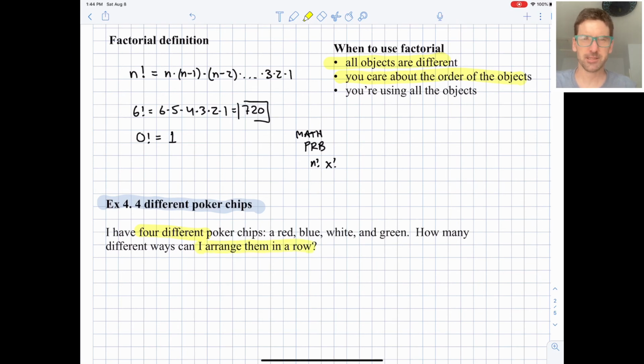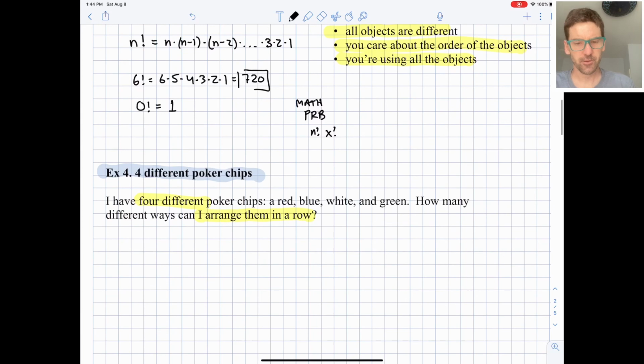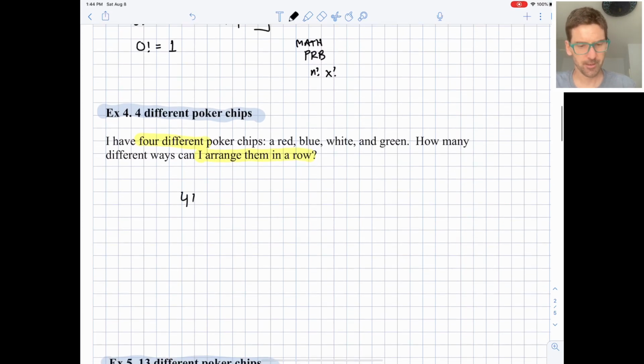So that implies that I care what order they're in. And are we using all of the objects? Yes, it never says specifically all of them, but it does imply for sure that we're using all 4 objects. So we can just do 4 factorial, okay? And that's going to be 24. So there are 24 ways of arranging those 4 different poker chips in a row.